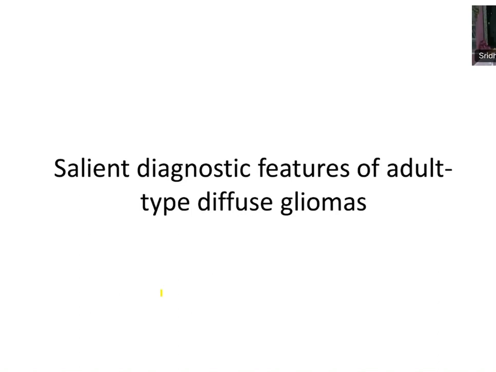It will be positive, sir. IDH1 R132H is a mutant specific protein. IDH1 is a normal protein. So if I'm talking about IDH1 normal protein, it should be there in all cells, and in reactive gliosis also it will be there.